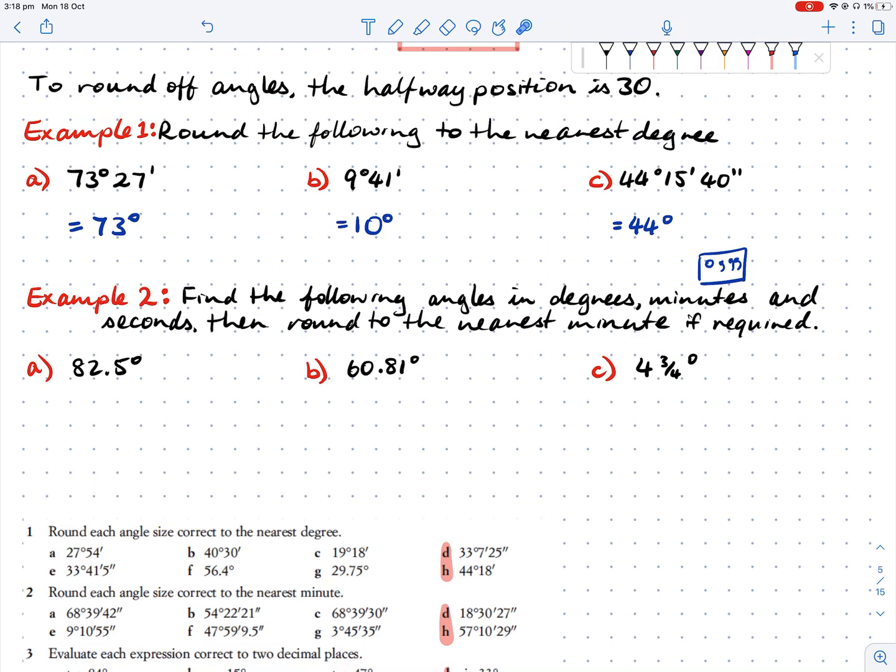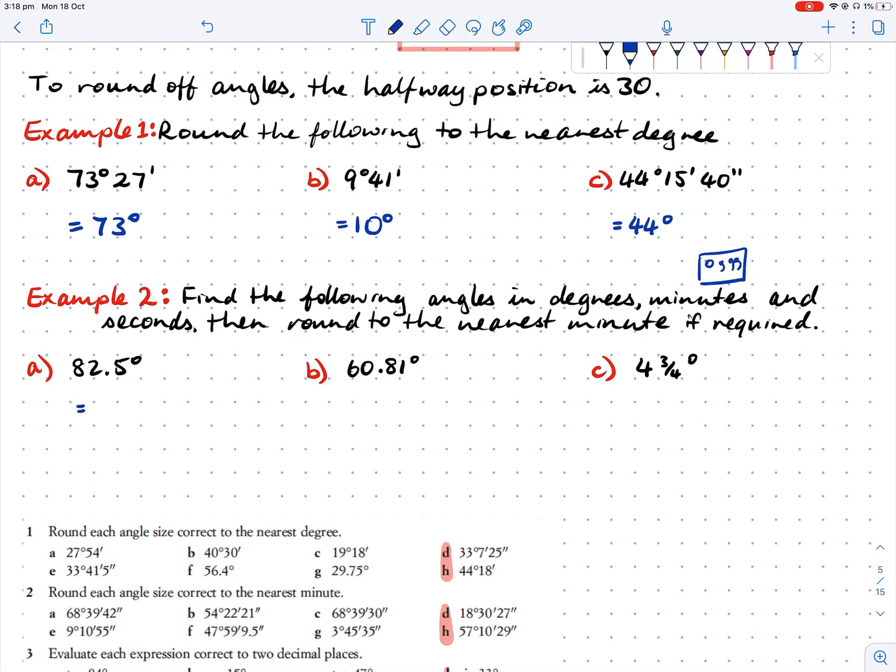Now, for some of your calculators, that will probably convert it automatically into degrees, minutes, and seconds. But if it doesn't, once the number appears in the bottom bit of your calculator, if you press the bubble button, it'll change back and forth between degrees, minutes, and seconds and a decimal. So if you've already put that degree symbol in the top, then it should come out in degrees, minutes, and seconds.